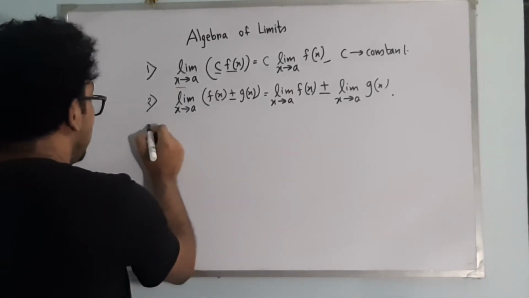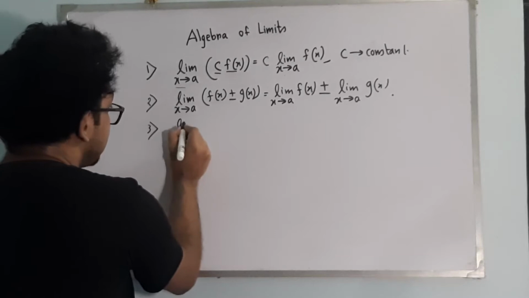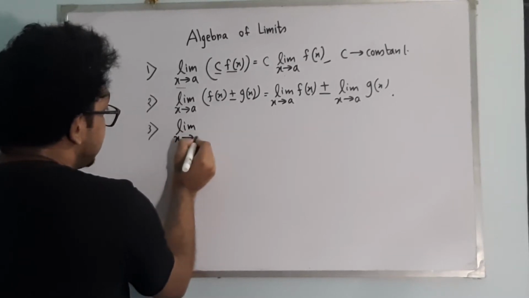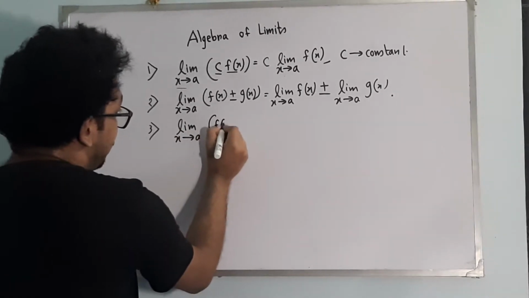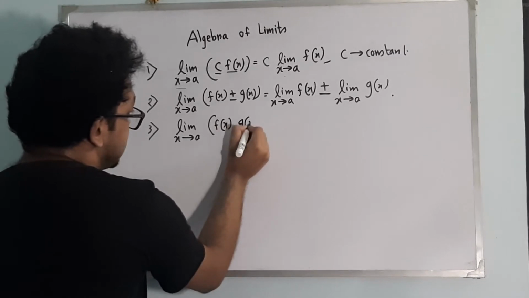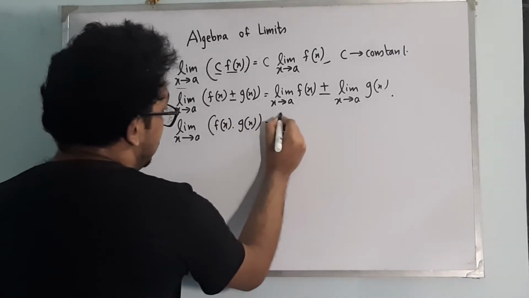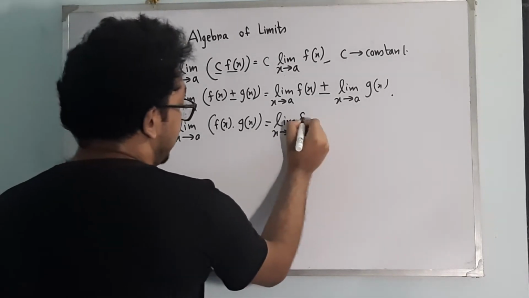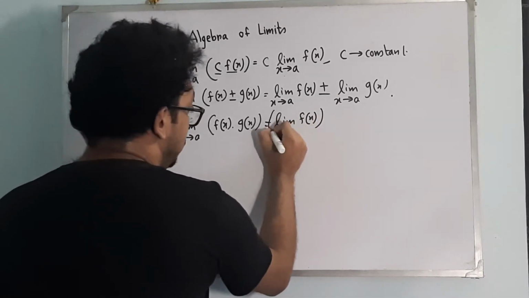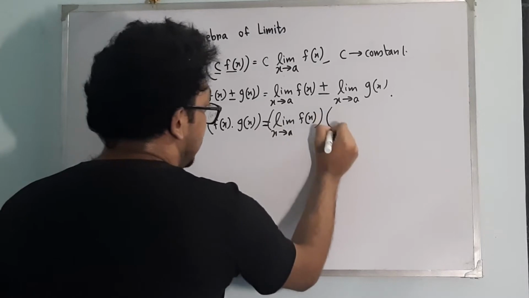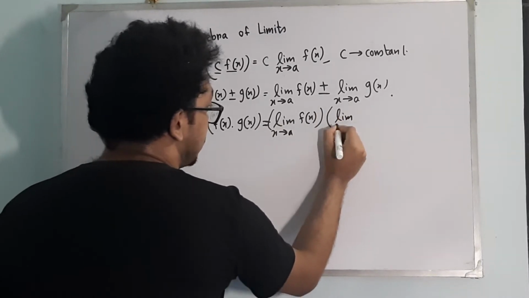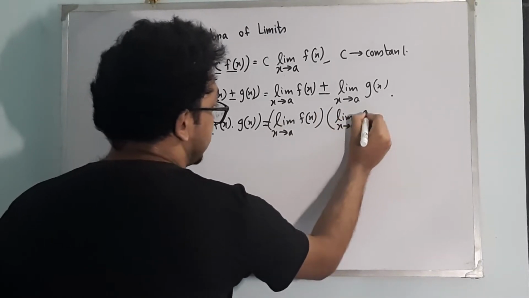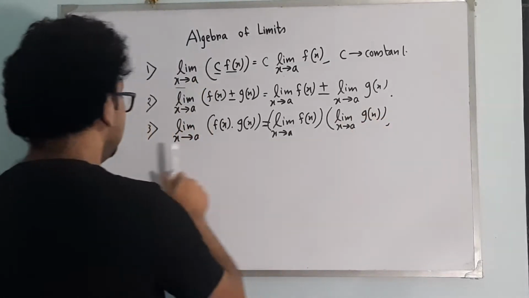Now come to the third one. The third one says that limit extending towards a of f of x into g of x is equal to limit extending towards a of f of x into limit extending towards a of g of x. So what does this rule say?